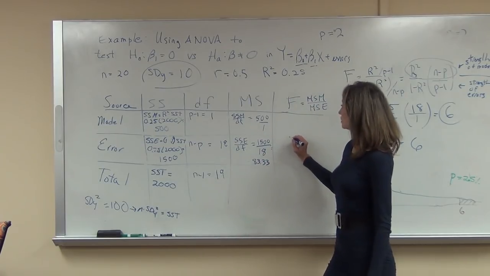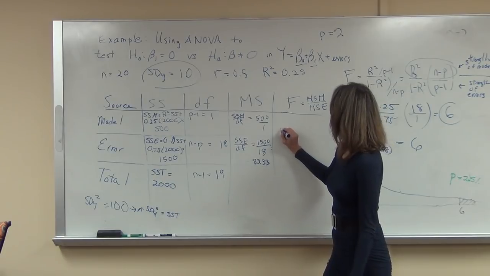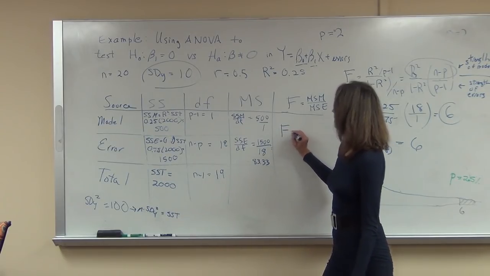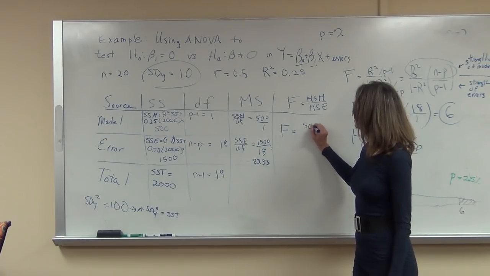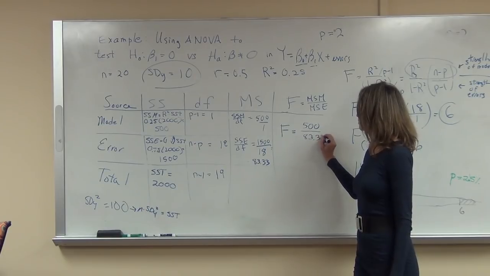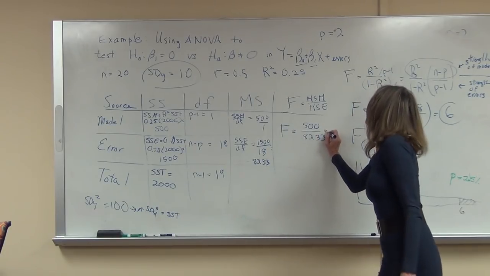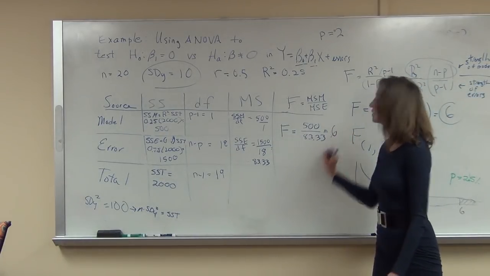83.33. So our F statistic is equal to the mean square model, which is 500, divided by 83.33, which must be equal to 6. And I'm sure it is.